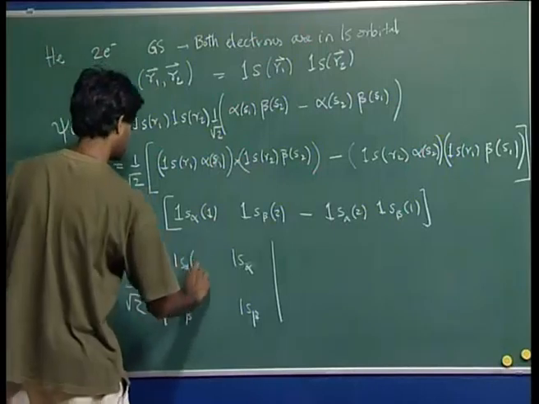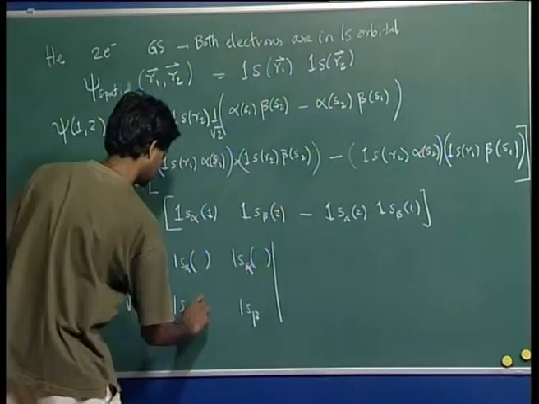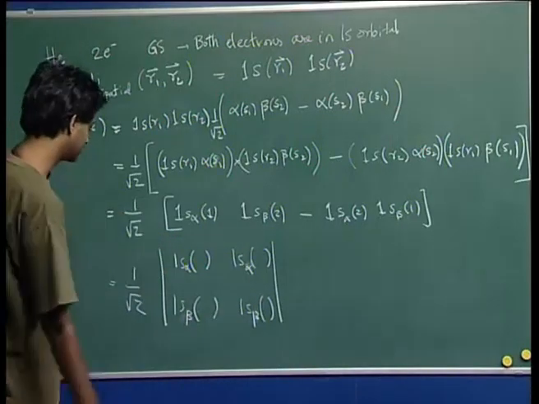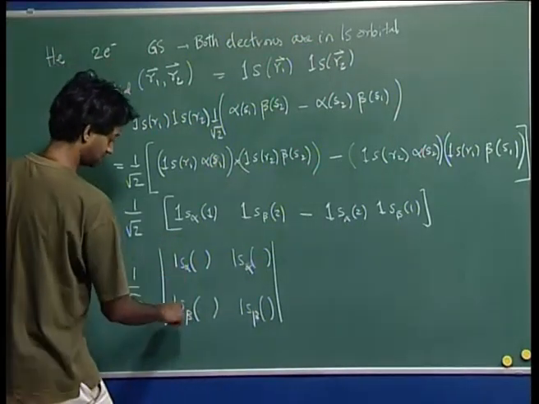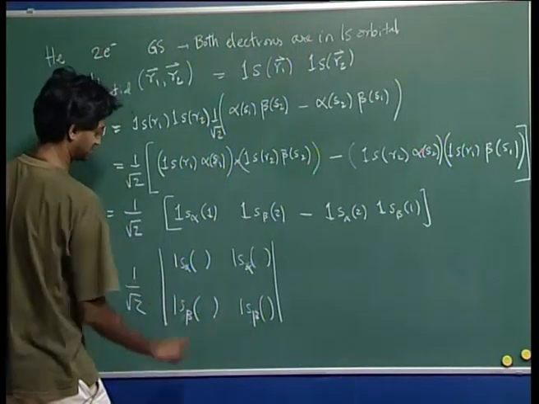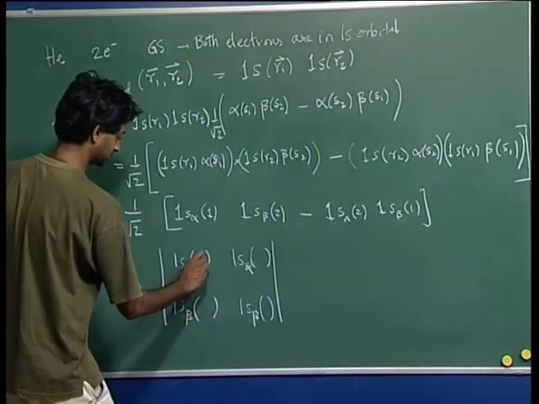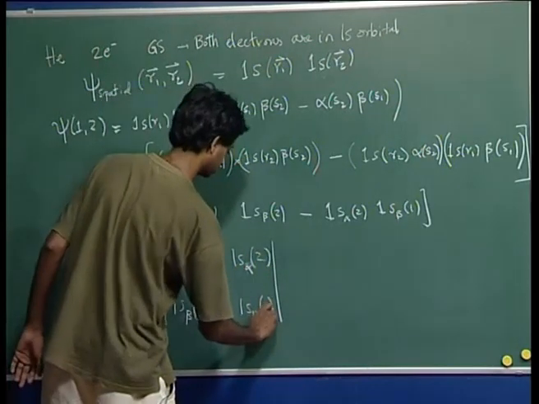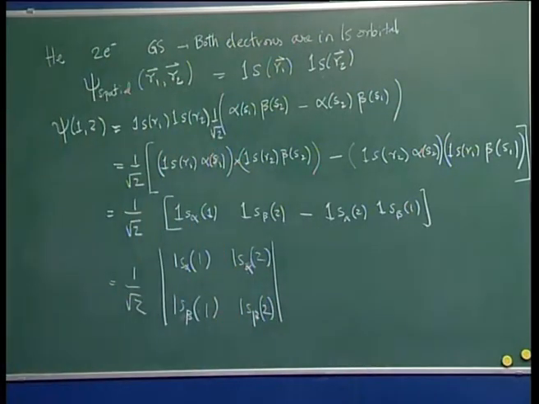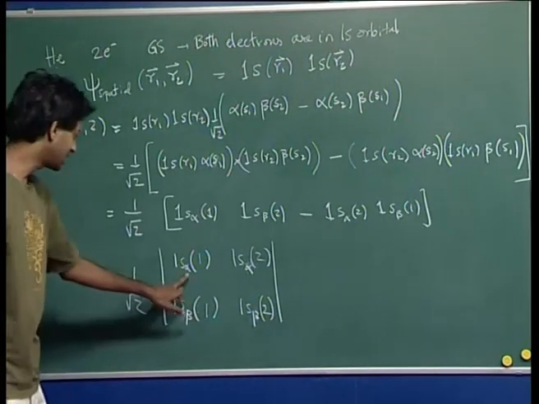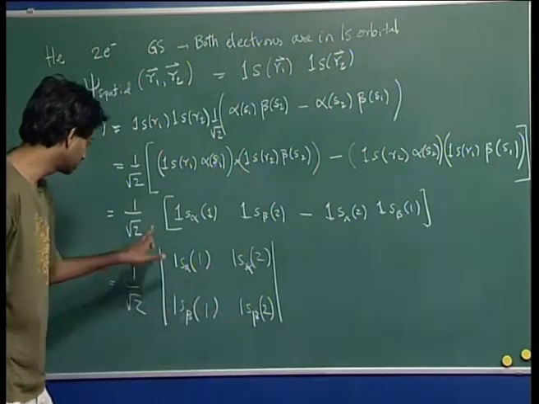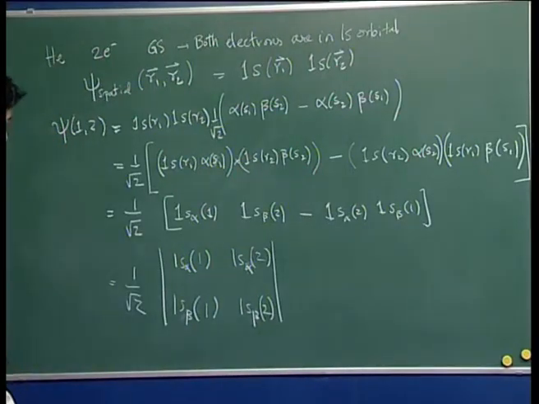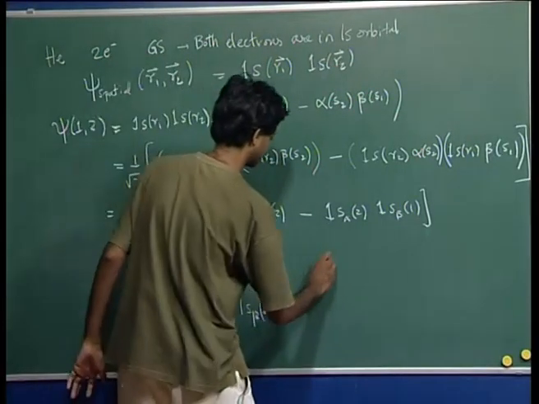Okay, so in the first row I have 1s alpha, and in the second row I have 1s beta, and in the first column I will put 1, in the second column I will put 2. So this determinant gives me the allowed wave function. This determinant is called the Slater determinant.